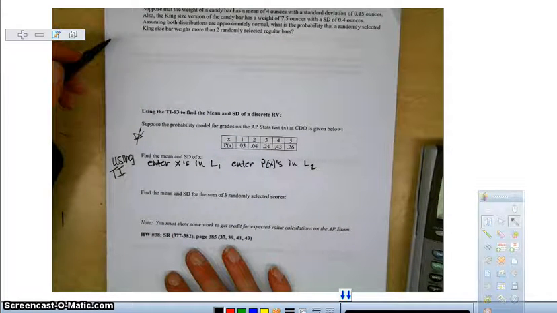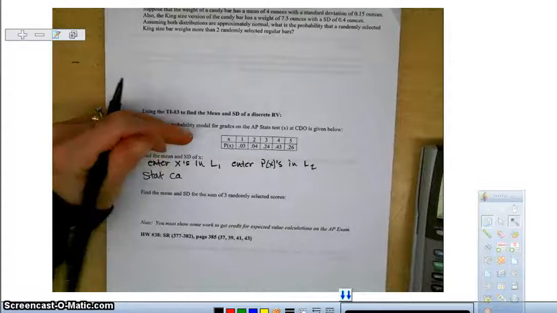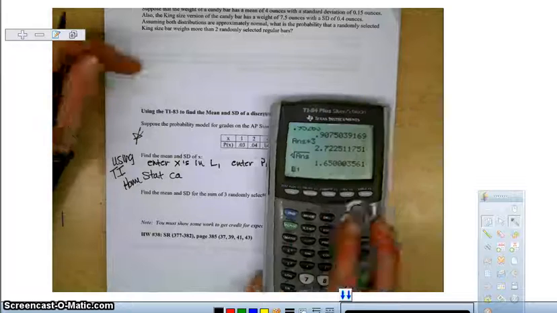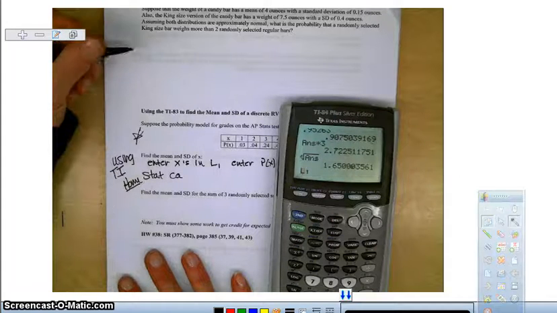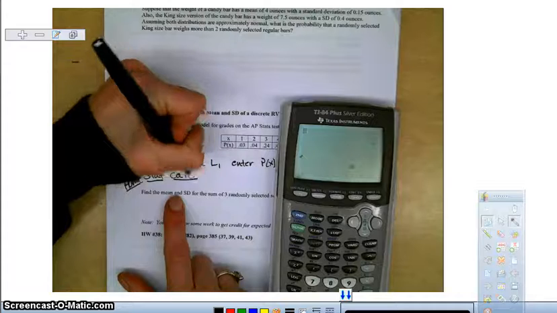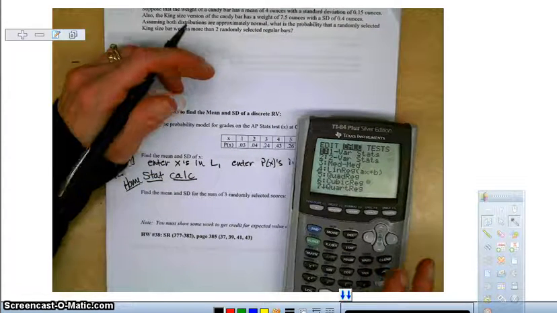Now I want to go to Stat, Calc. Well, first I want to go to the home page. So second quit, home page, clear it, and then Stat, over to Calc, and then one variable stats.